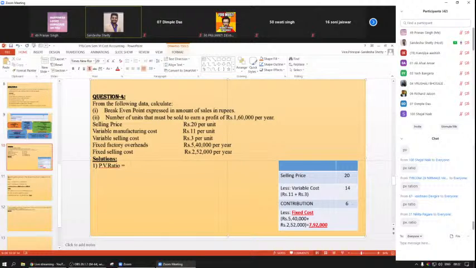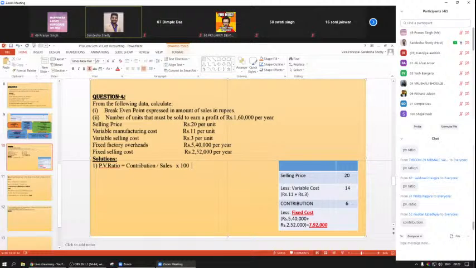Which formula is relevant today? Contribution divided by sales into 100.